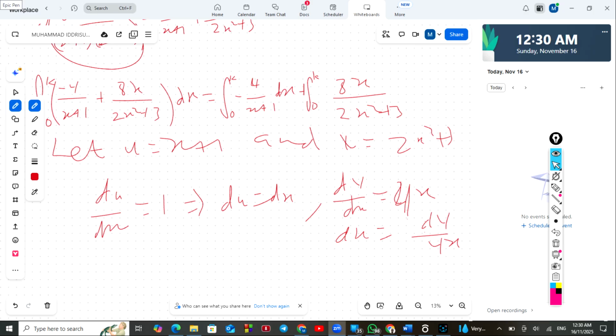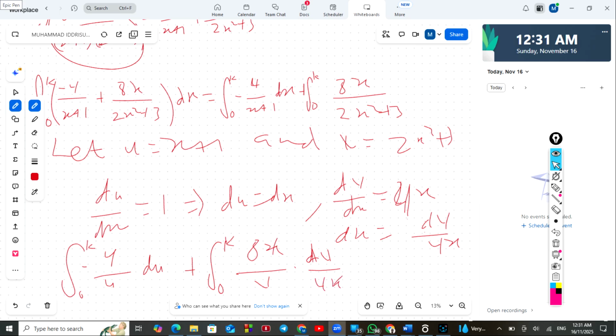By substituting u for x + 1, we now have, from 0 to k, negative 4 over u du, plus the integral from 0 to k of 8x over v, in place of 2x² + 3, multiplying dv over 4x.